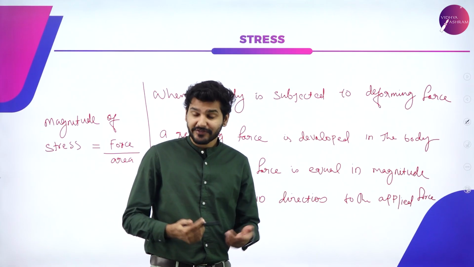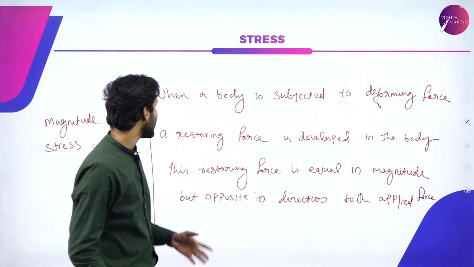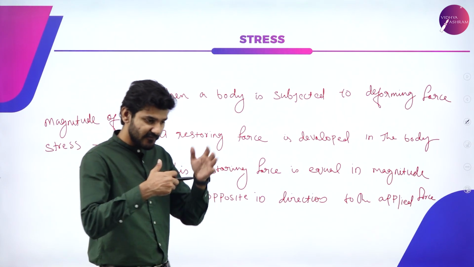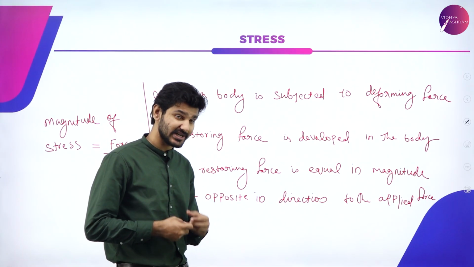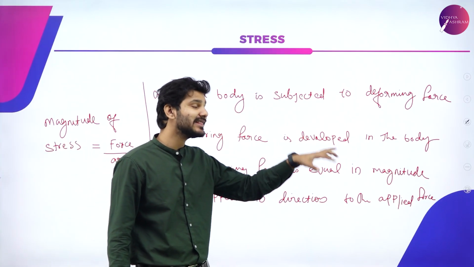So let's see. If we want to define stress in words, we can say that when a body is subjected to a deforming force, that is, when we apply a certain amount of force to deform that particular object, then automatically a restoring force is developed in that body.